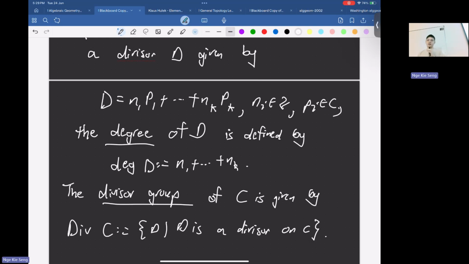In particular, this is an abelian group, because it's just addition, really a formal sum here. It doesn't matter what Pi we start with. In other words, this is a free abelian group generated by the points of C.